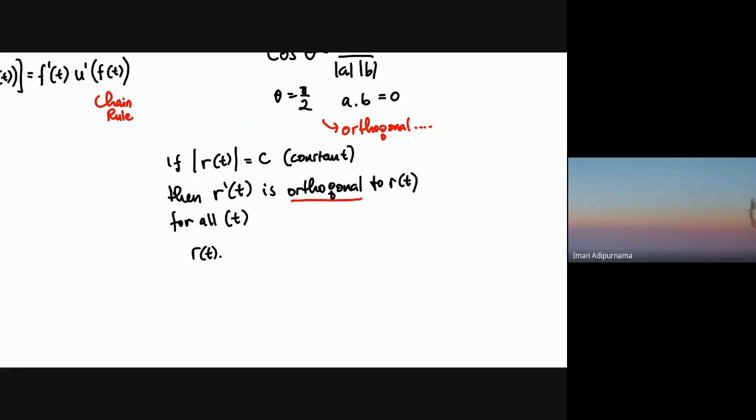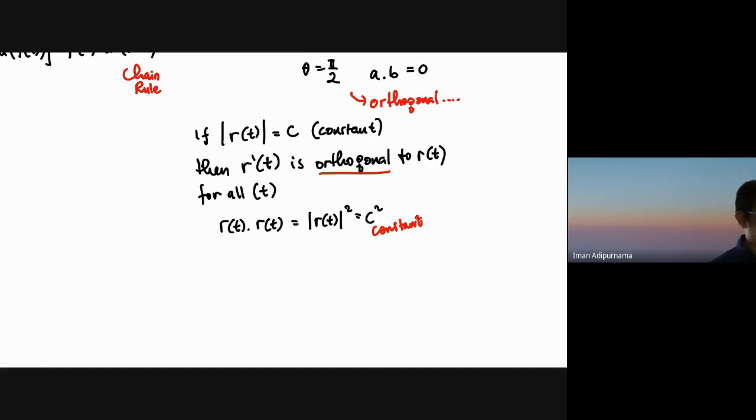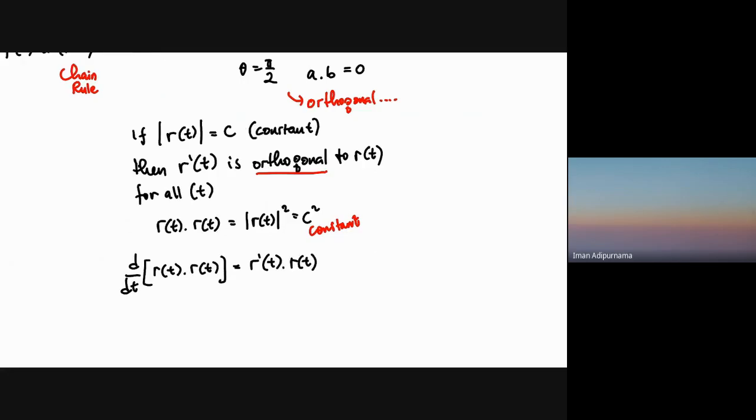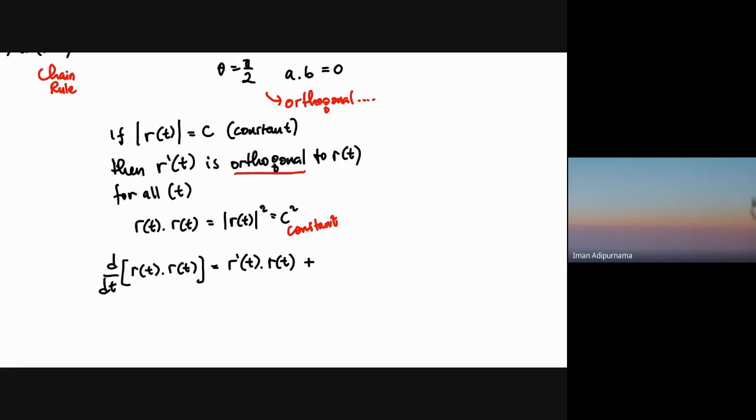So if you dot the R, you will get this. And this is a constant. And you find the derivative of the dot product there. So this will be what we have right before.